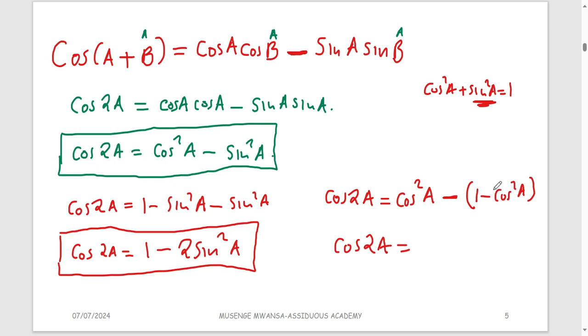So that positive cos squared will add with the positive cos squared, it becomes 2 cos squared A, okay? And then minus 1. So these are the three identities that you need to know about cos 2A.